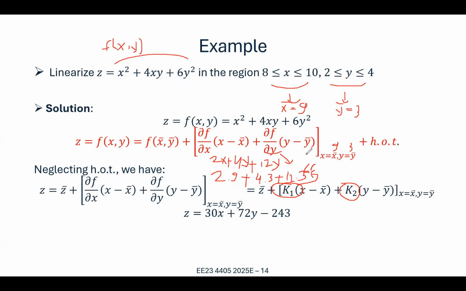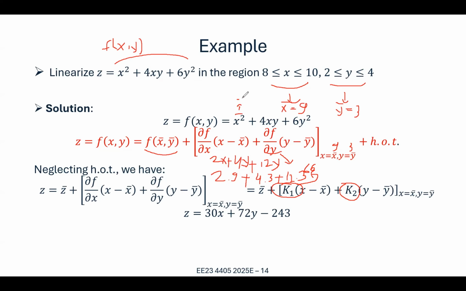K2 follows with the same method, which is 4 times 9 plus 12 times 3, so 36 plus 36. And then we get f(x bar, y bar). Of course, we just plug in the values here.